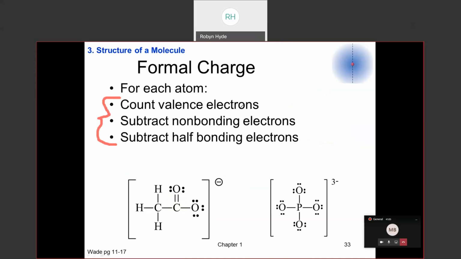For the atom, count the valence electrons. Okay, so oxygen, how many valence electrons should it have? Not how many are drawn into this picture, but how many valence electrons does oxygen have? Normally uncharged, it has 4. Oh, oxygen normally has 4 valence electrons. Okay, and then we subtract non-bonded electrons.